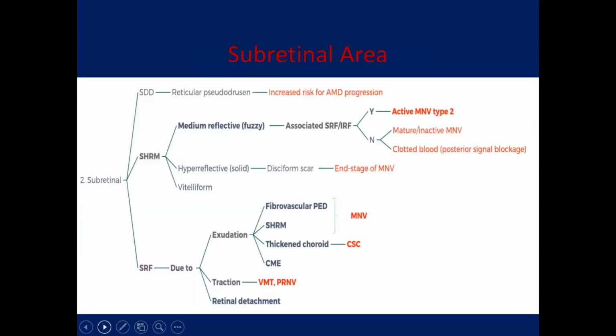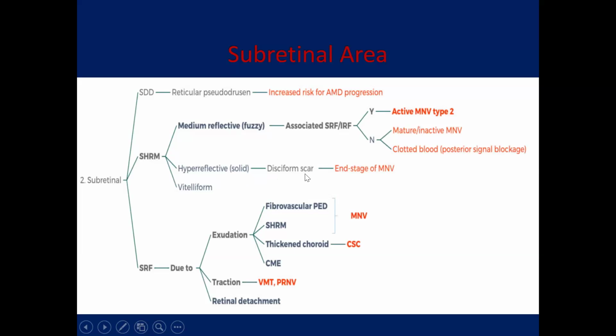Next, I will discuss the subretinal area. In the previous discussion, I discussed the subretinal drusenoid deposit, or they can have subretinal hyperreflective material, which can be associated with subretinal or intraretinal fluid, which is a result of choroidal neovascularization, or hyperreflective material can be solid.